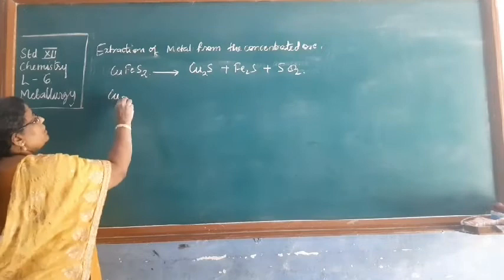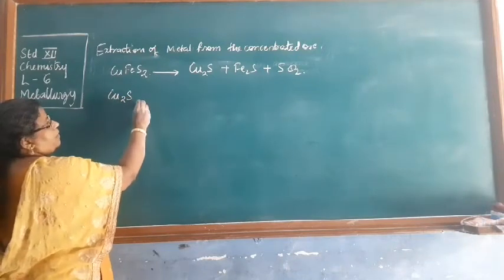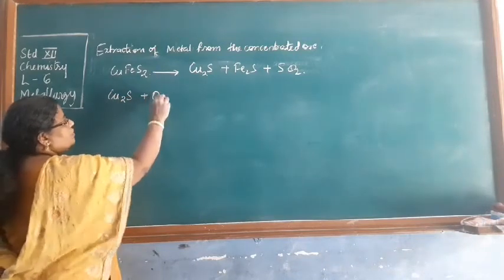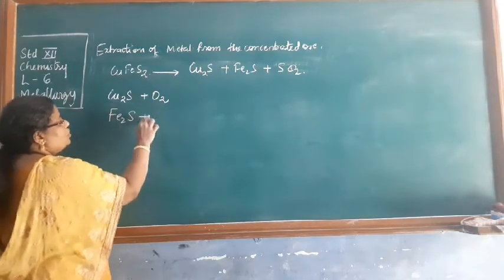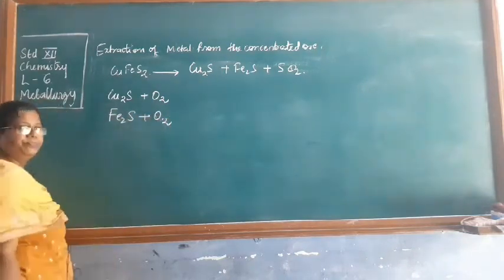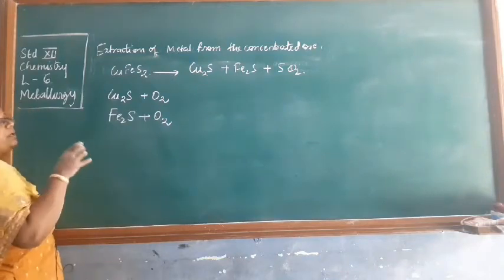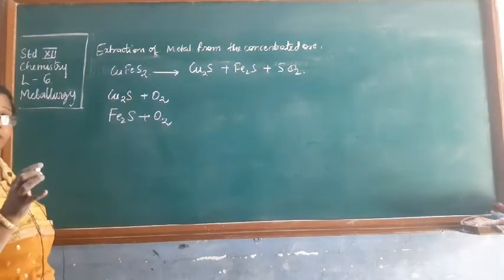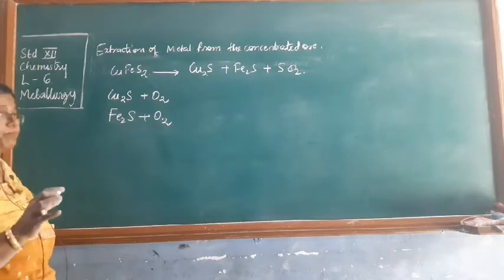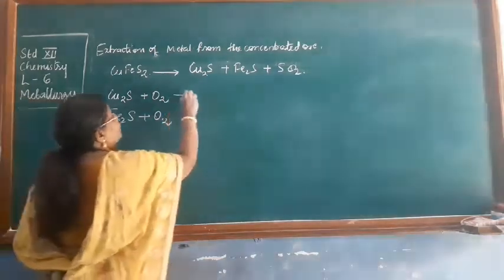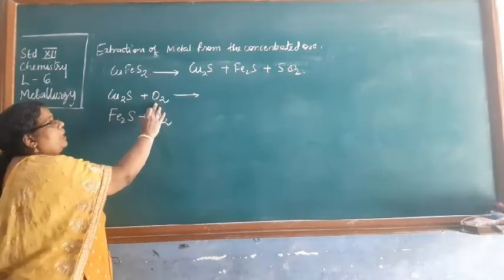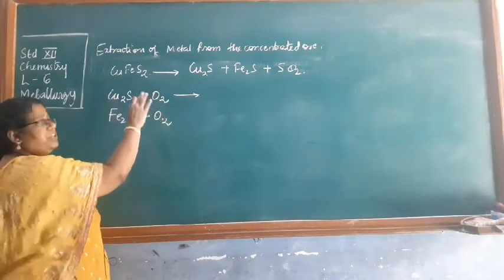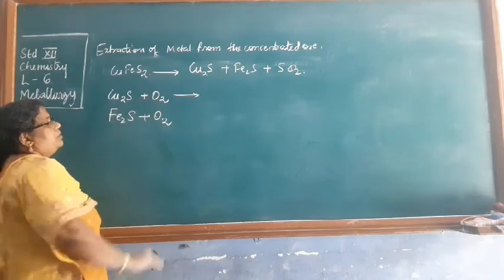Now this Cu2S should also react with O2, also Fe2S should react with O2. You are talking about the oxidation process, that is roasting. In roasting you will find that Cu2S has less affinity for oxygen than Fe2S.